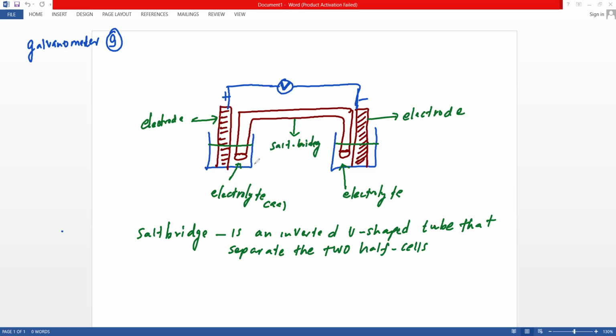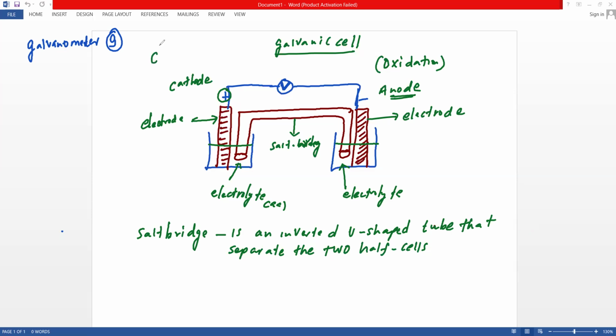Because we are dealing with a galvanic or voltaic cell, the positive terminal is always the cathode, and the negative terminal is the anode. At the anode, oxidation takes place, where there is a loss of electrons. At the cathode, reduction takes place.